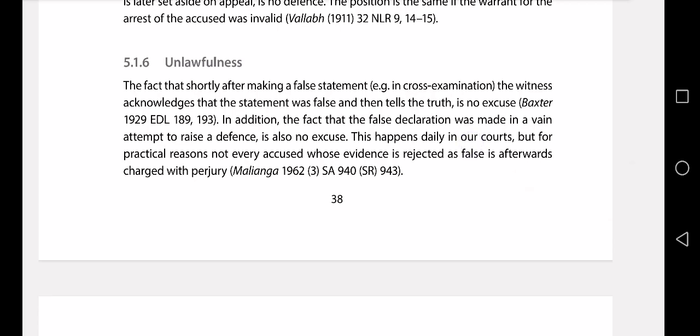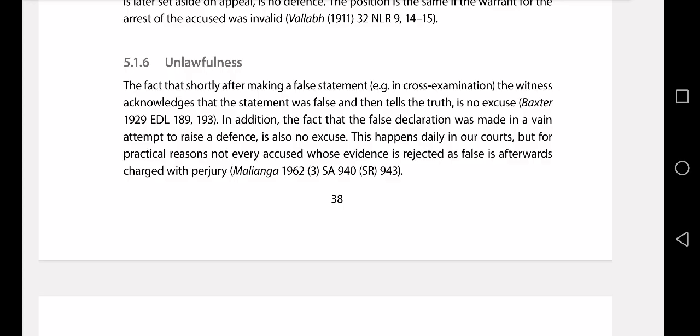Unlawfulness. The fact that shortly after making a false statement, for example in cross-examination, the witness acknowledges that the statement was false and then tells the truth is no excuse. Baxter, 1929.